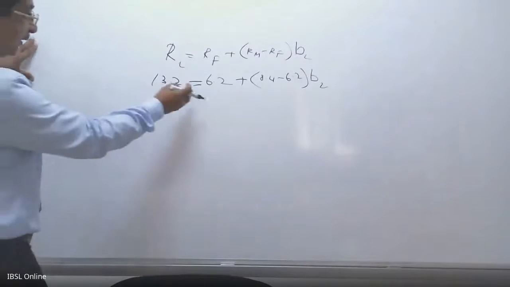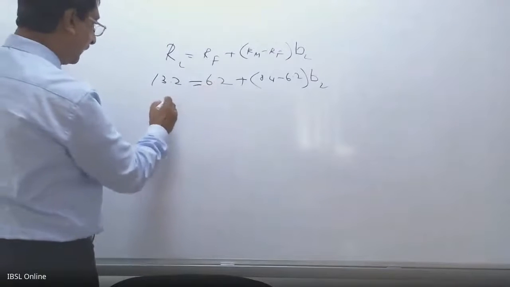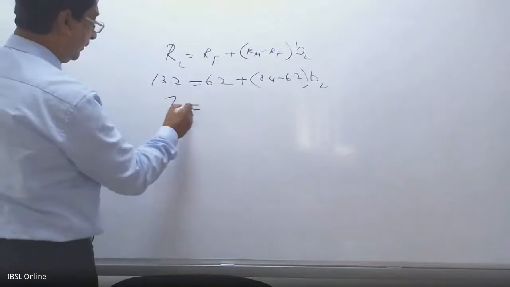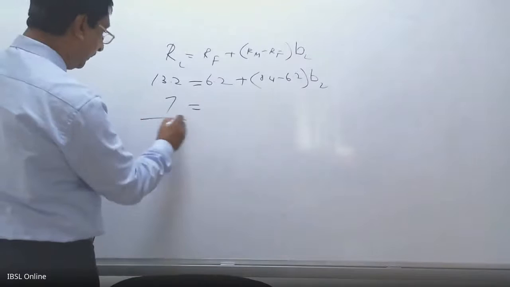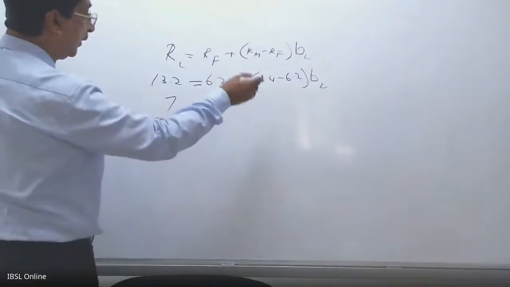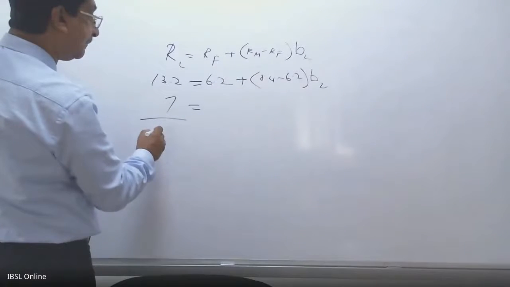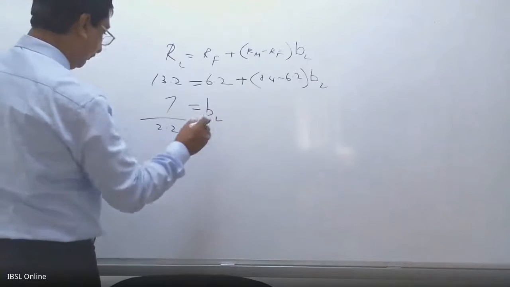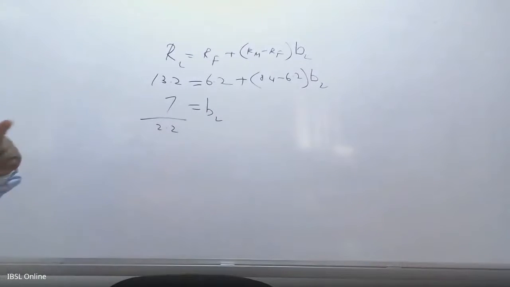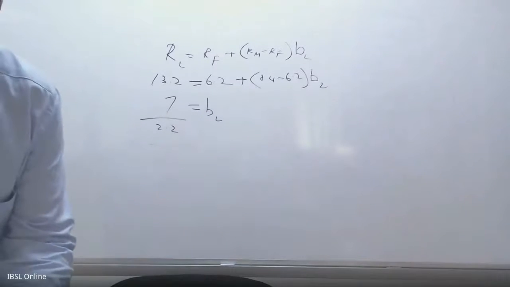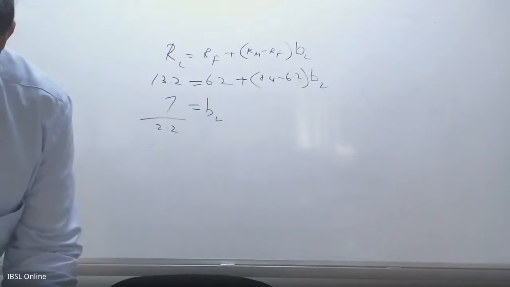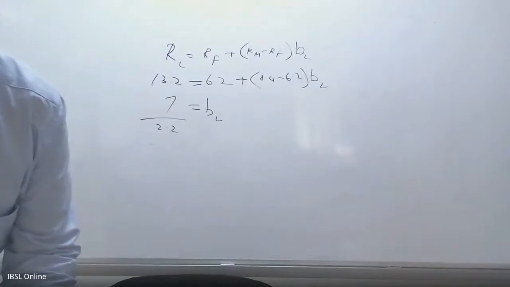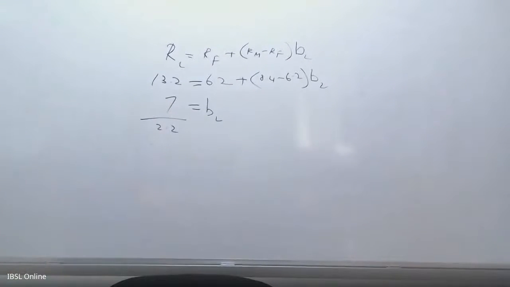Now 13.2 minus 6.2 is 7, divided by 8.4 minus 6.2, which is 2.2. This is BL. 7 divided by 2.2 is 3.18. So that is BL.